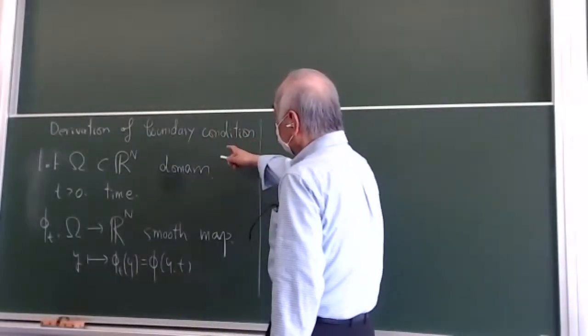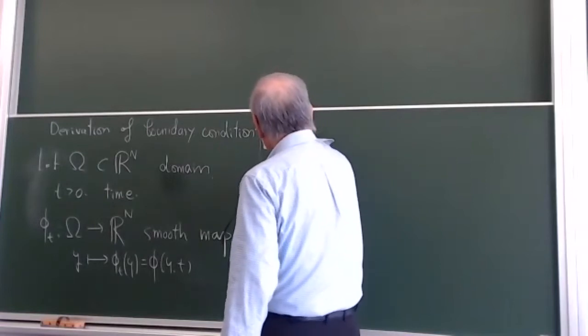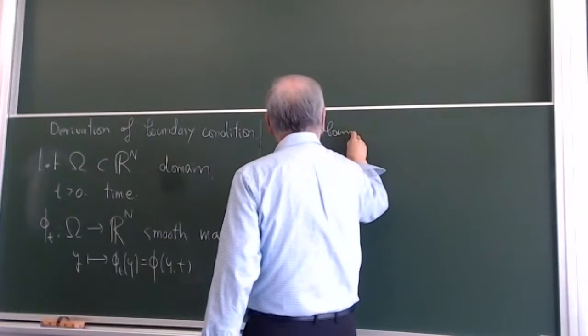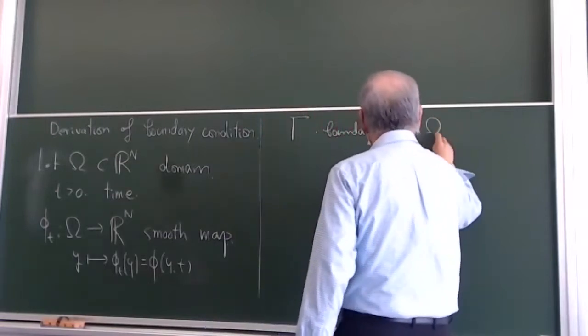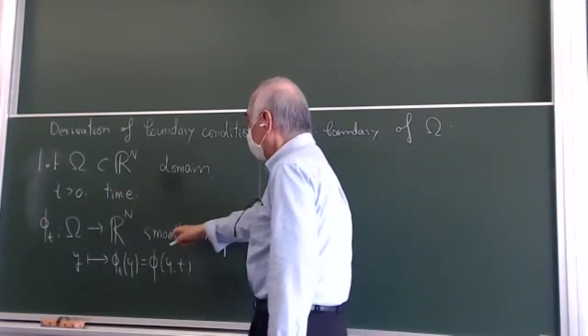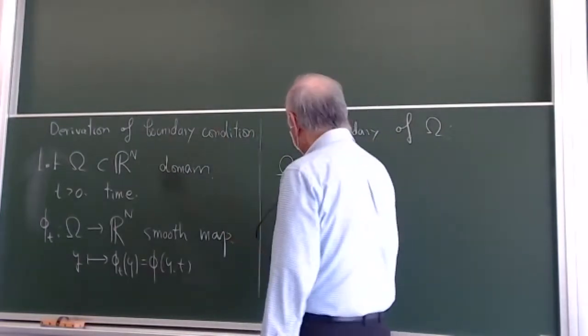And now today I would like to talk about the boundary conditions. Therefore, let gamma be the boundary of omega. Then omega_t is the image of omega by phi_t.